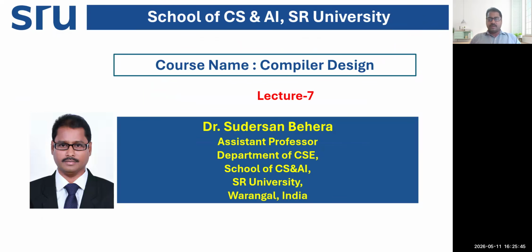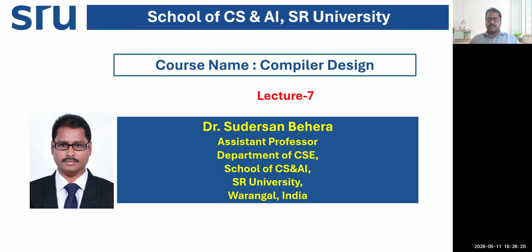So yesterday we came to know what is context-free grammar, the formal definition, and what is derivation. We got the definition of derivation. Then today we'll discuss what are the types of derivation available, and we'll take an example to realize how they are different from one another.